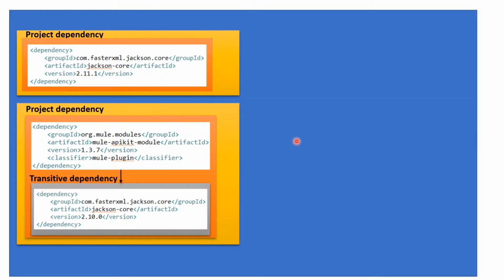Both of them use different class loaders, and that is the reason they are isolated. So the benefit is that the APIkit module can still use Jackson core version 2.10.0, which is not being overridden by 2.11.1, and your project can still use 2.11.1. So this eliminates the reason behind inconsistent behavior.